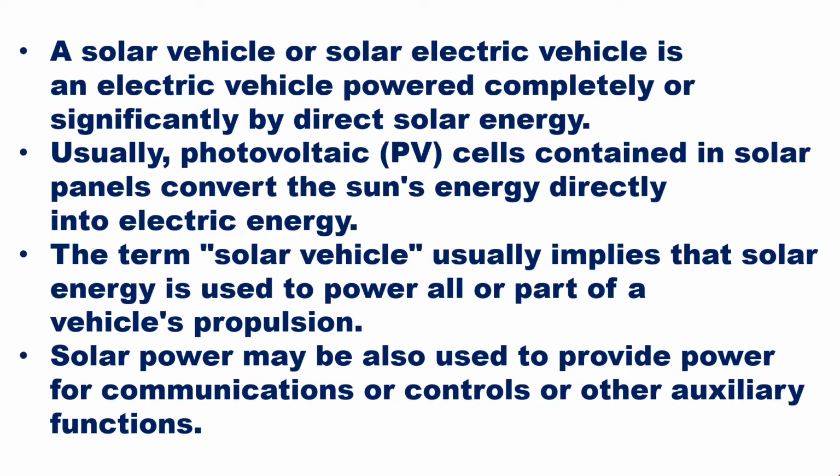Solar power may also be used to provide power for communications, controls or other auxiliary functions in the vehicle. So solar energy can be used for other functions in the vehicle also.